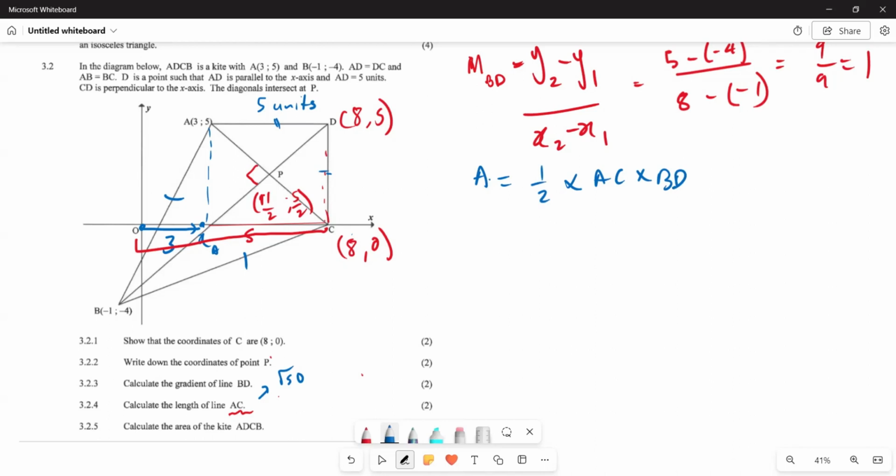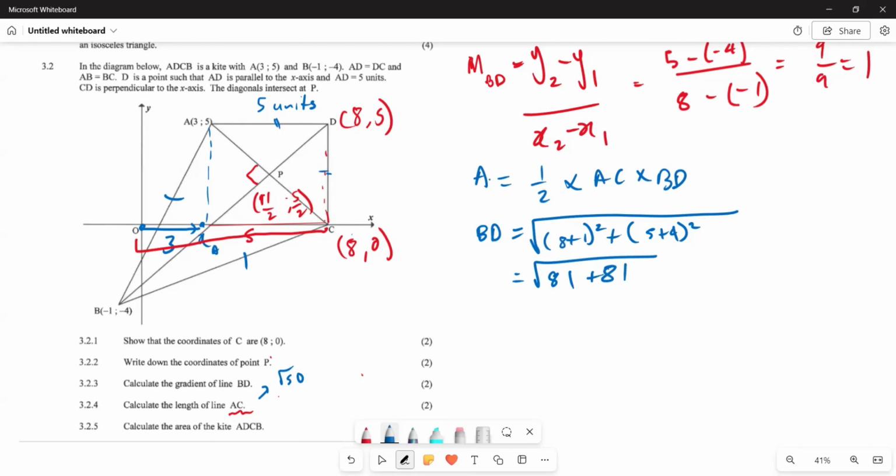So the best thing I can do is start by calculating the length of my BD first. I can just come back here and substitute. This is the same as 8 plus 1 squared, and this other one is going to be 5 plus 4 squared. And then what is this? This is 9 squared plus 9 squared, which is 81 plus 81, and 81 plus 81 gives you root 162.